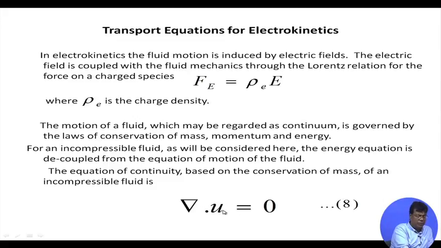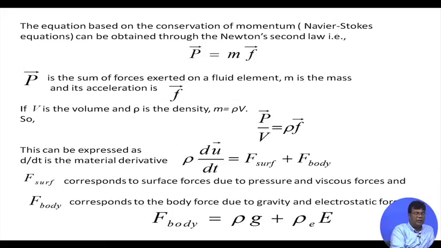u is the local fluid velocity vector, a vector at any point x, y, z, say if it is in Cartesian. Now, the second equation is called the equation of momentum. This is based on the conservation of momentum principle. This is basically nothing but Newton's second law, which is P equal to mf.